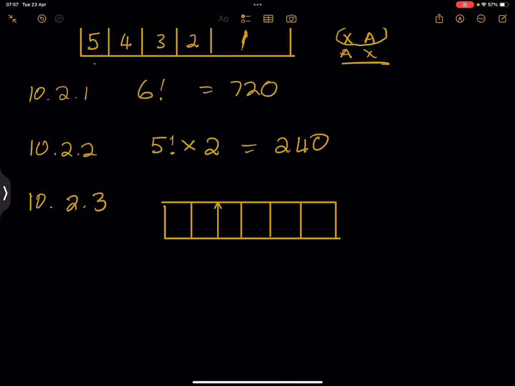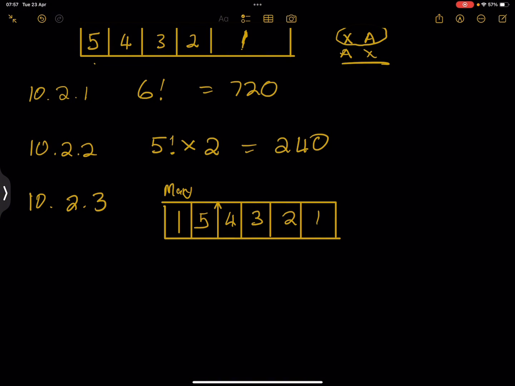So this would be Mary over here. Once we get Mary seated, remember we just want her at the edge. So in this case, how many different ways can I seat the others? Now I've got 5 to choose from, and 4 to choose from, 3 to choose from, 2 to choose from, and 1 to choose from.